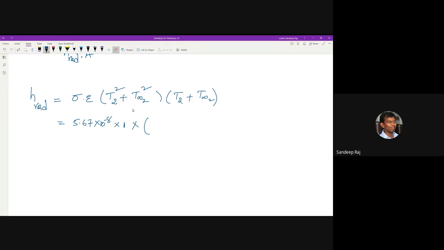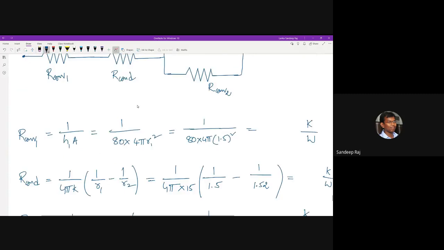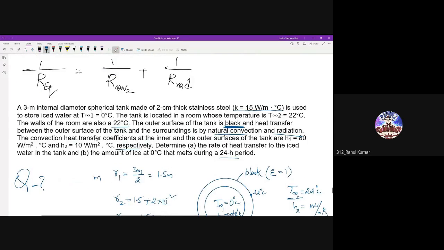So is T2 given in the question to you? Yes, this T2 is given in the question. Sir, Q due to radiation will be zero, right? How can you say that? Both the T1 and T2 are 22 degrees centigrade.